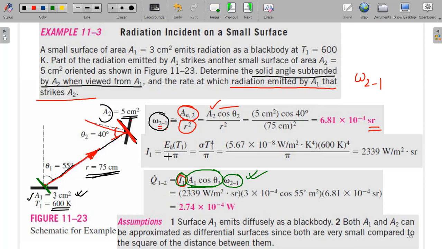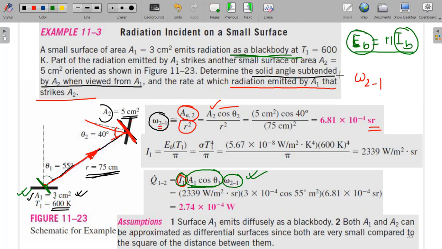So just find the intensity considering this A1 surface as a black surface. I think in the problem it has been mentioned that A1 is a black body. Yes, A1 is a black body. So you know how we can make use of the formula EB equals pi into IB. Using that, you find out what IB is.